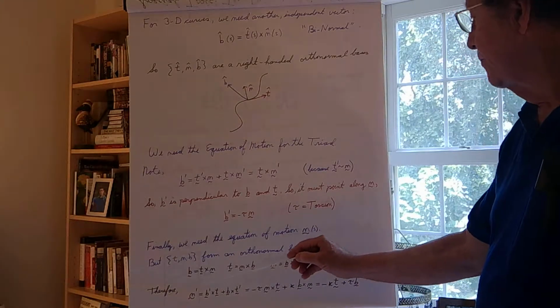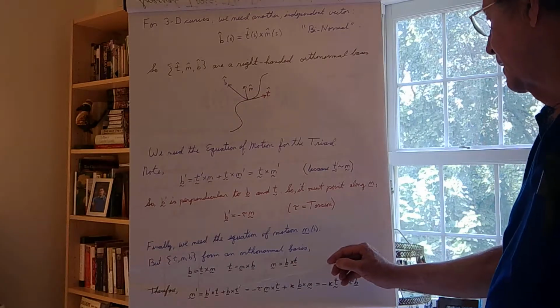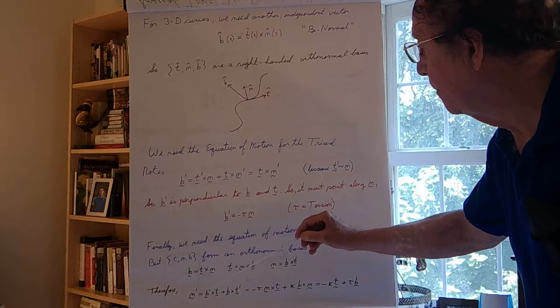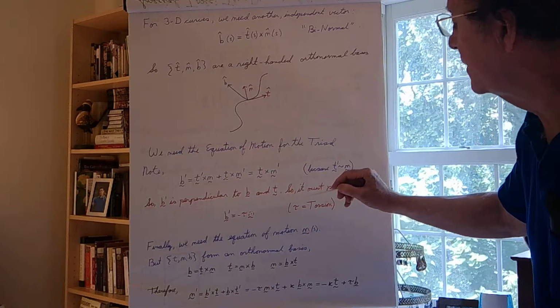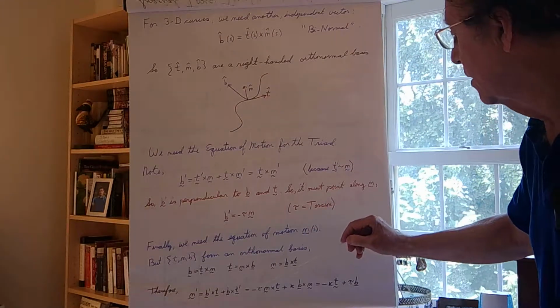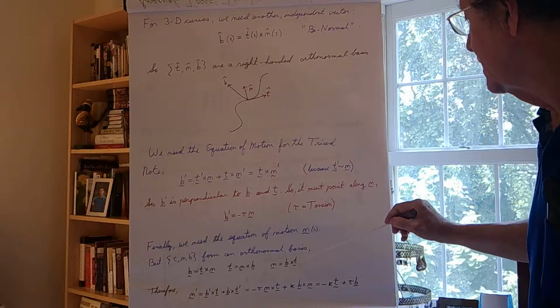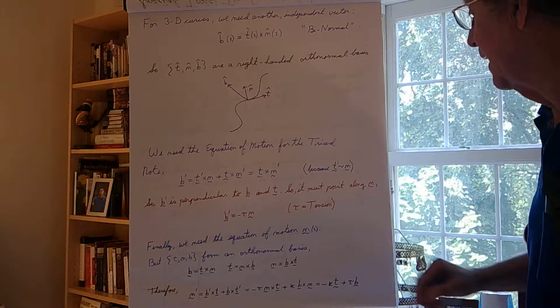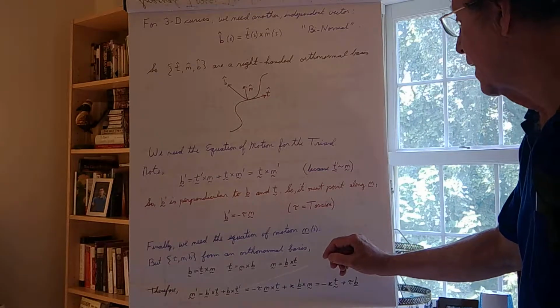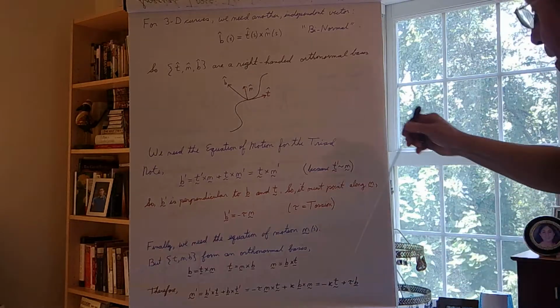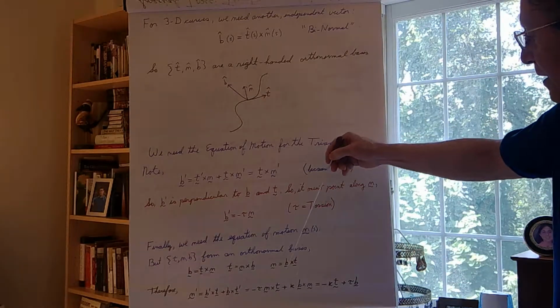Okay, and so n prime, just differentiating, I get two terms. First term going like b prime cross t. Well, b prime is minus tau n, so minus tau n. In the next term, I get differentiating the t prime here in the expression for n, so I'll get a t prime. But then t prime I know is kappa n, so I put that in here. Okay, and then finally I clean up these cross products.